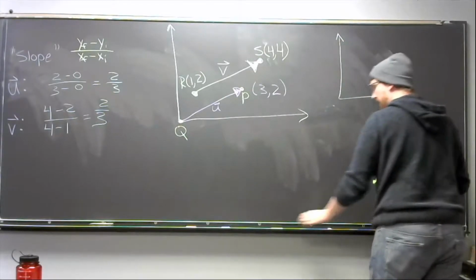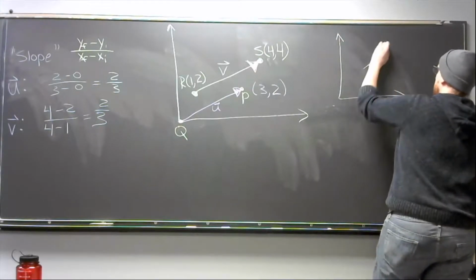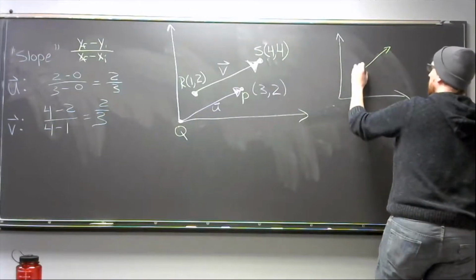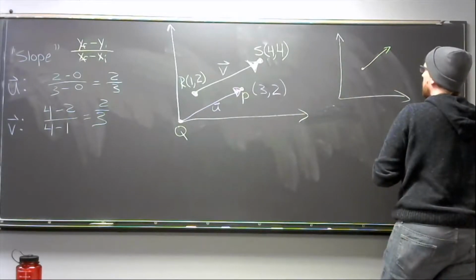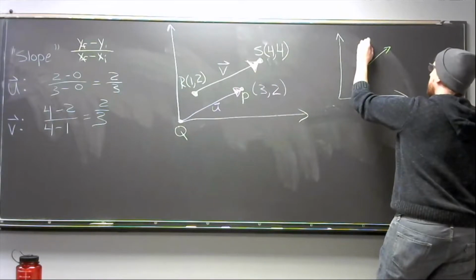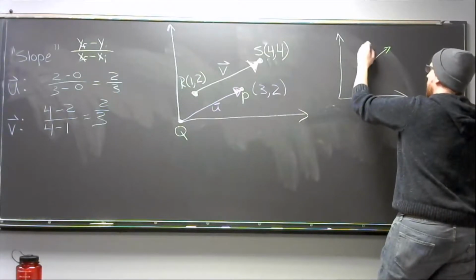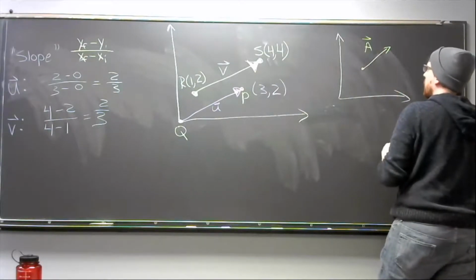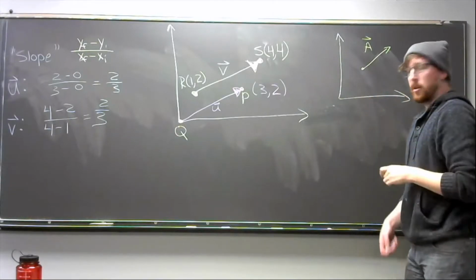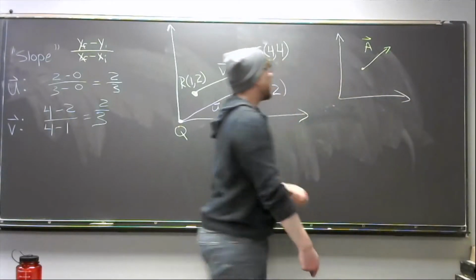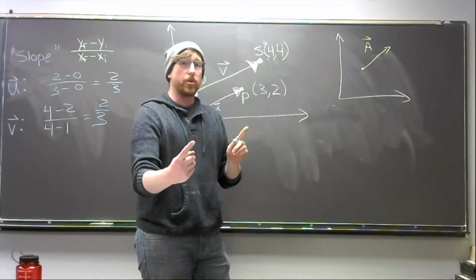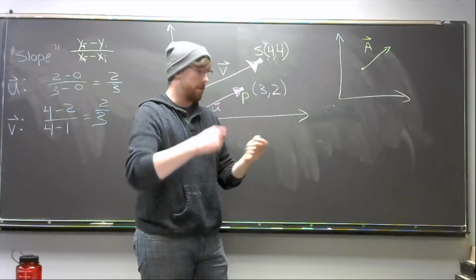This hypothetical vector is going to look like this. And we're going to call it the vector A. Well, A is going to move in the x direction so far and in the y direction so far.